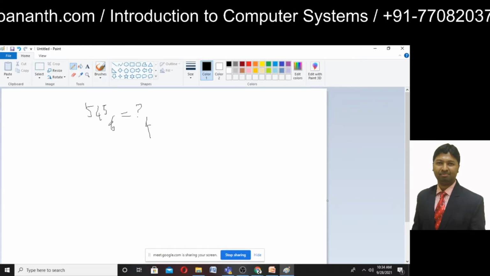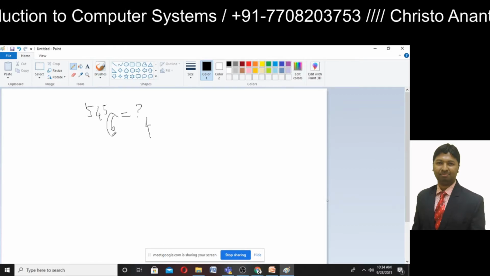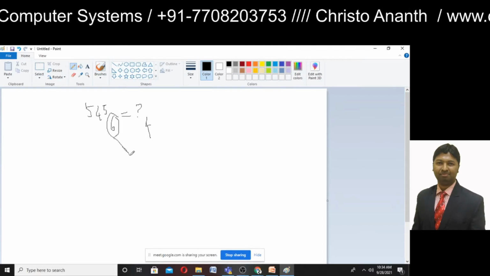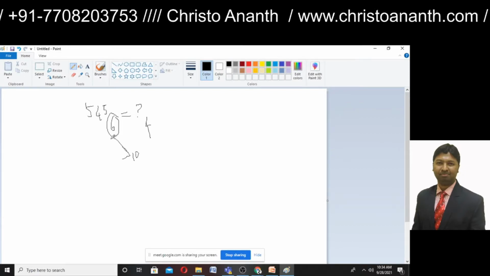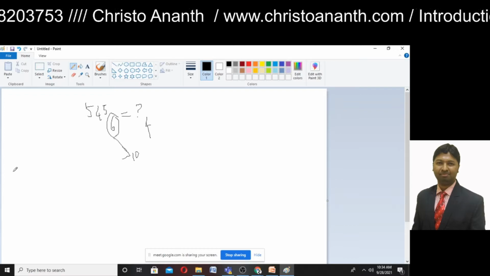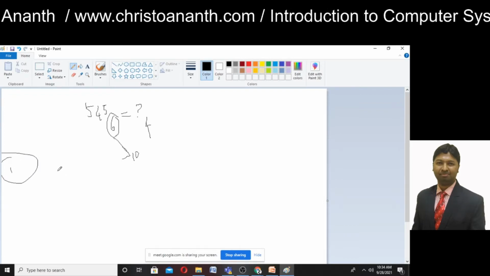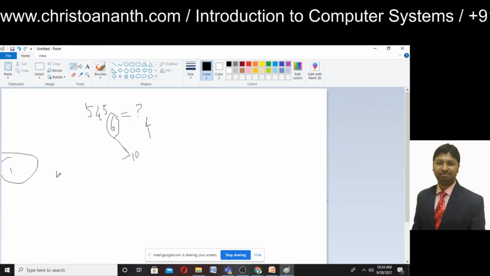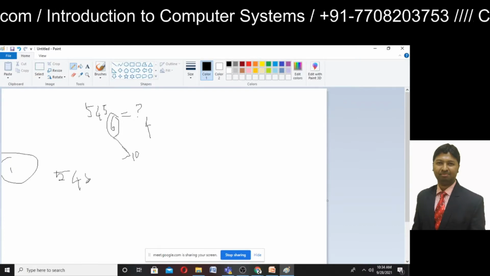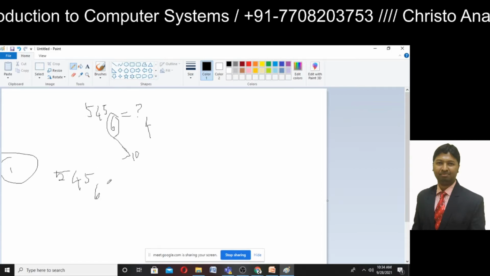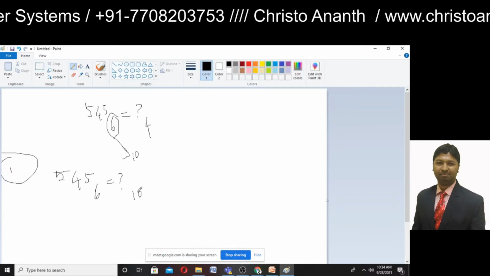We convert first to base 10. You convert this base 6 number to base 10. This is step 1. 545 to the base 6 is equal to what to the base 10?